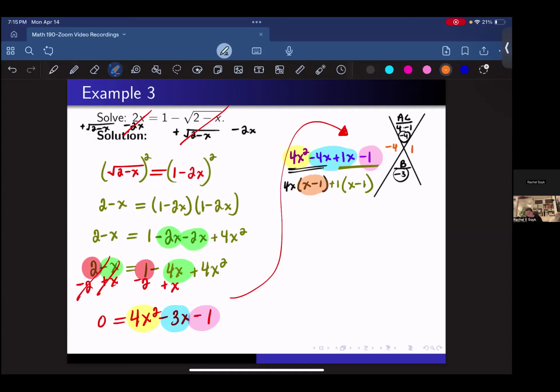You'll notice that inside the parentheses, it's exactly the same. So we can pull that x minus 1 out from each of those terms. And when we do, we're left with a 4x plus 1 in those other parentheses.